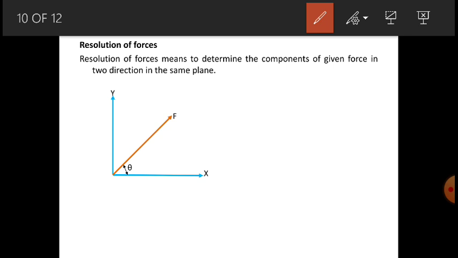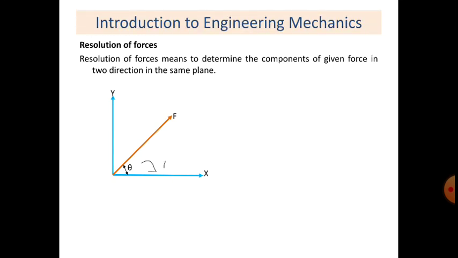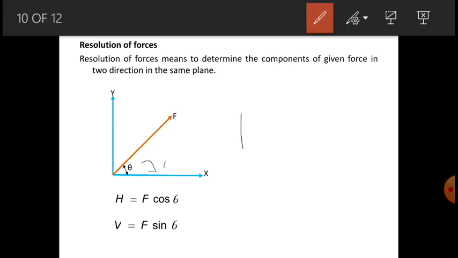Now understand this. Whichever line the theta is on, if it is along the x axis or the horizontal line, then your formula will be F cos theta, and that will be the horizontal component. Why?